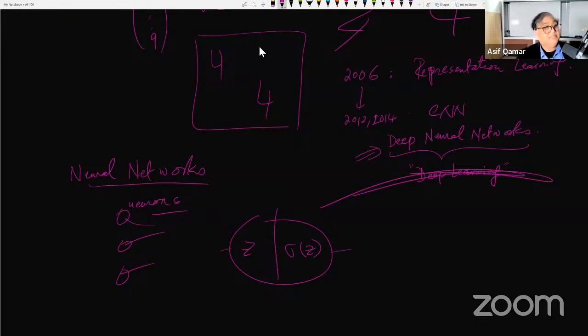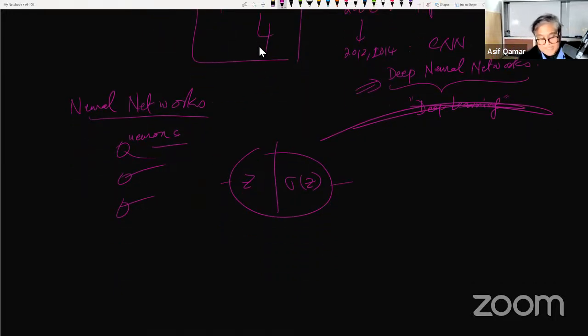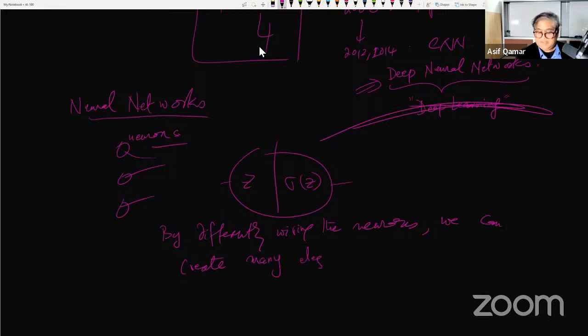Now, by wiring these neurons differently, we can create many elegant neural architectures. Just like, if you have bricks, you can make all sorts of buildings.